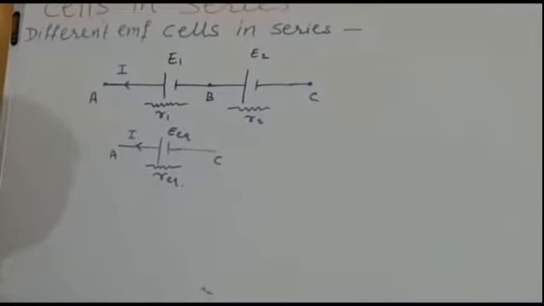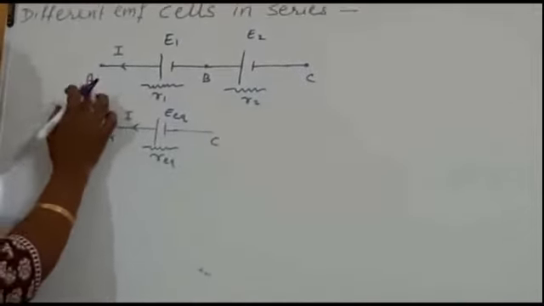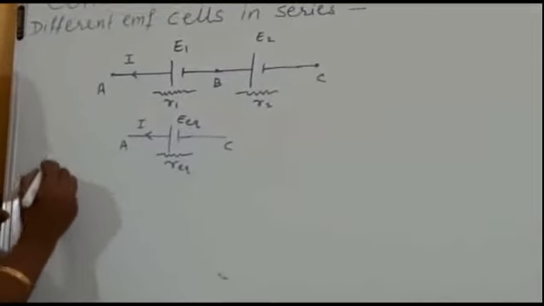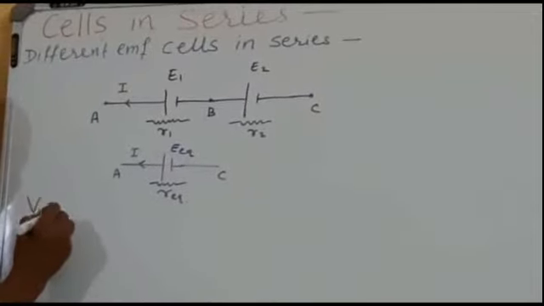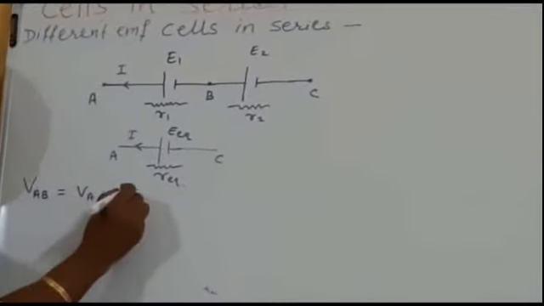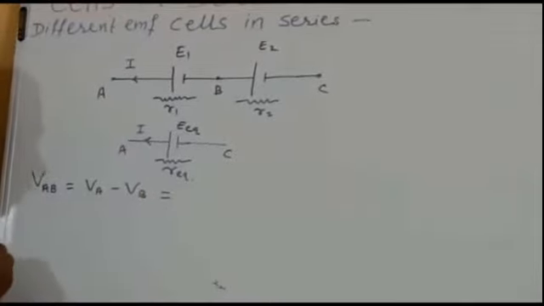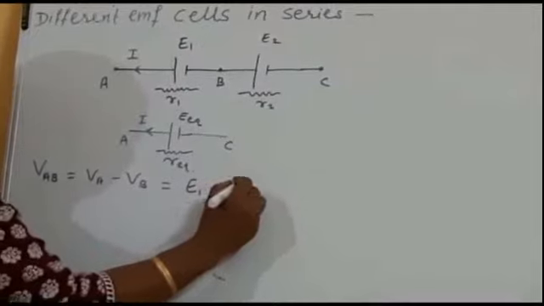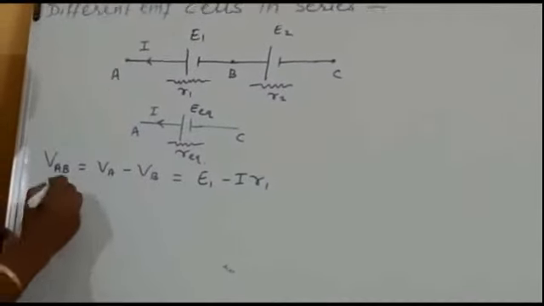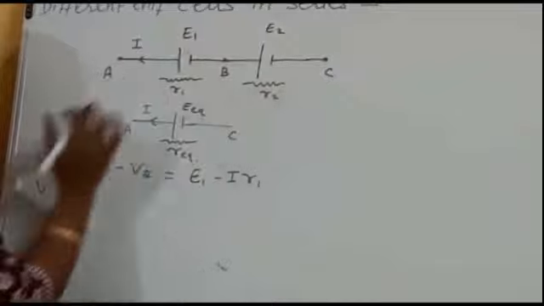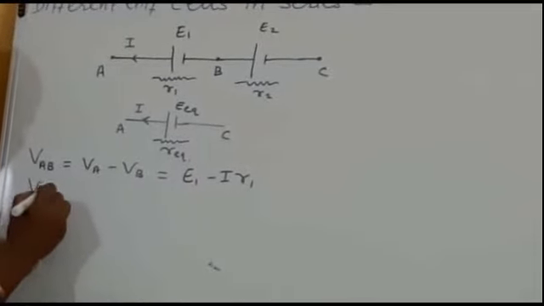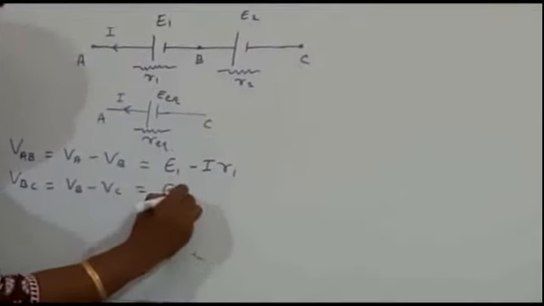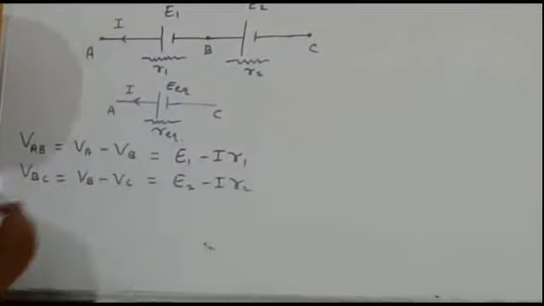So now you see in this circuit we have taken points A, B and C. So first consider potential difference or terminal voltage across AB. So that is VA minus VB, and that you can write from the formula, EMF E1 minus Ir1. Similarly, terminal voltage across BC. So VBC is equal to VB minus VC. So it is E2 minus Ir2.